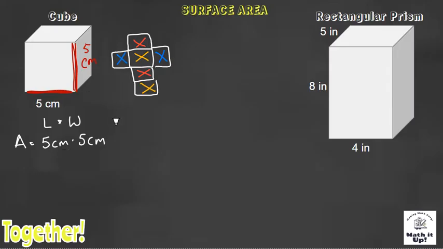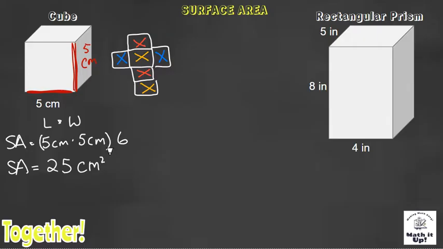And of course, we're going to need that times 6 because we have 6 sides here. I should put SA for surface area. So we have 5 times 5, which is 25, and centimeters times centimeters is centimeters squared.